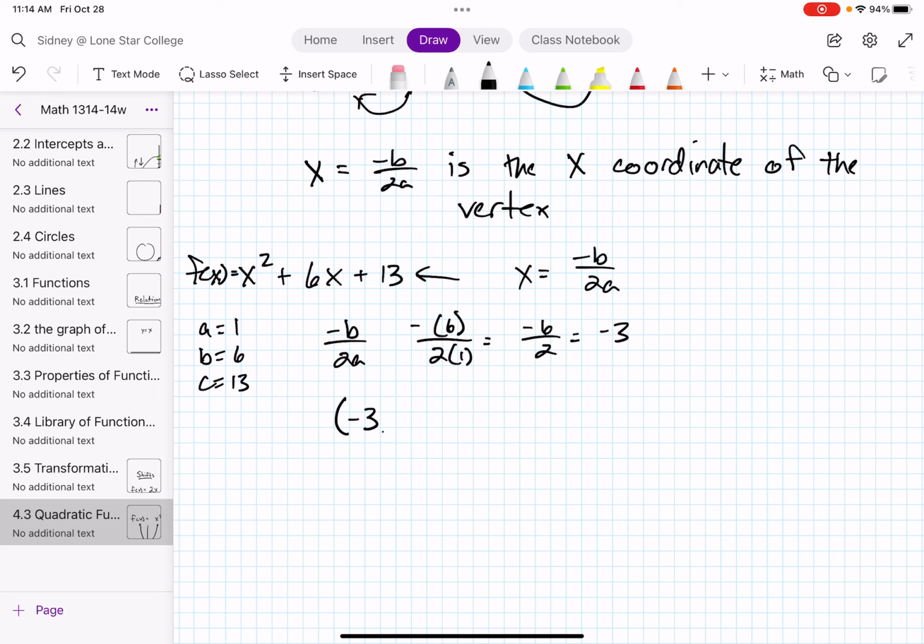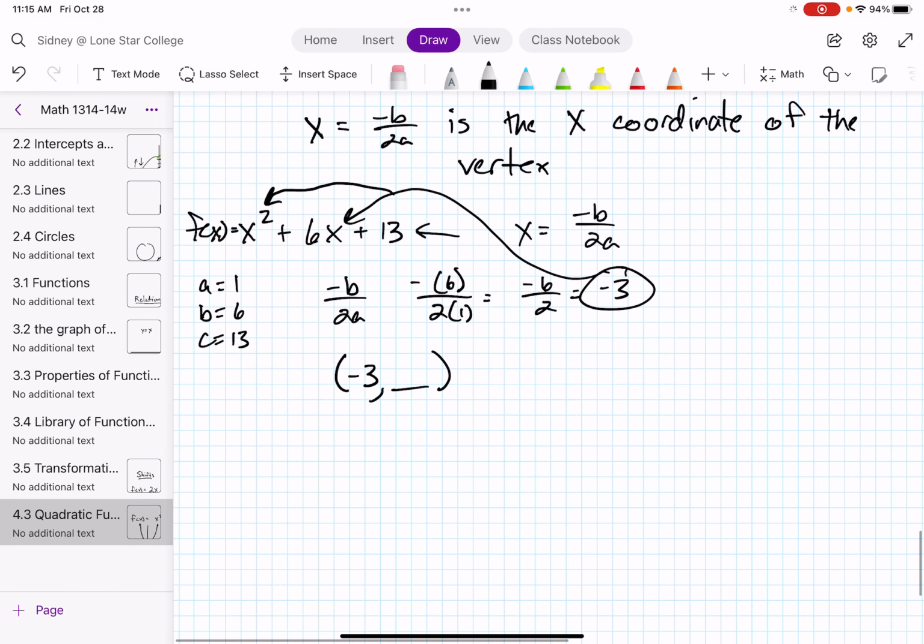So I know that it's negative 3 comma something. To figure out that something, we need to plug negative 3 back in to figure out what the output is when x is negative 3.